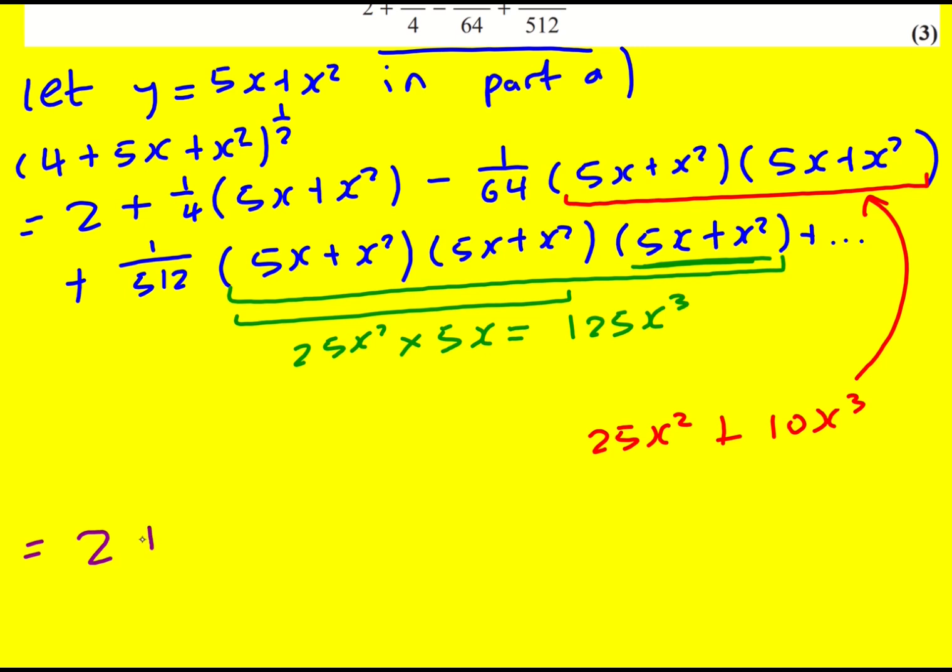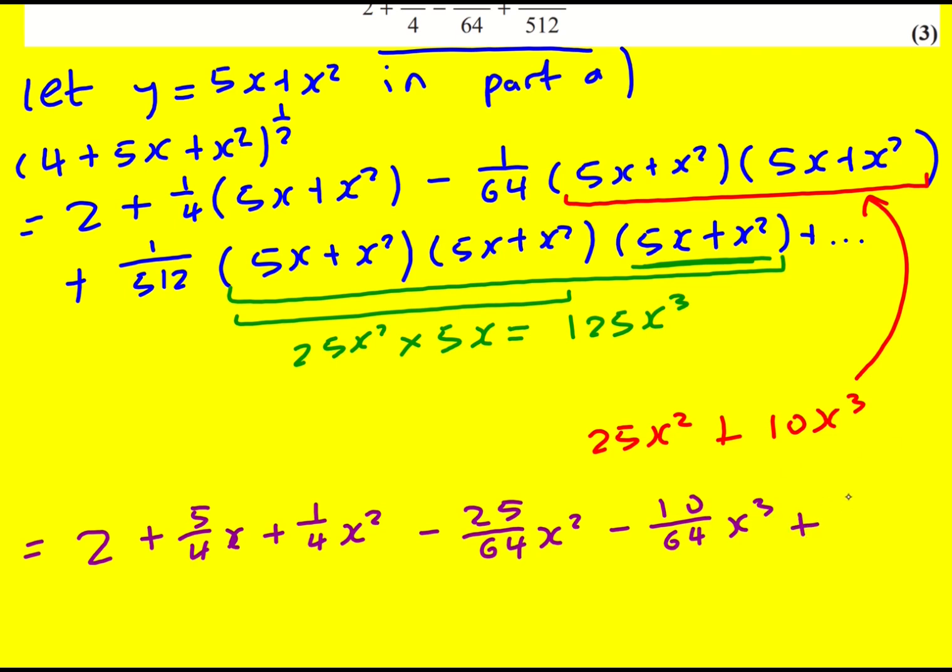So this gives me 2 plus 5 over 4x plus a quarter x squared minus 1 over 64 times each of these, so 25 over 64x squared minus 10 over 64x cubed plus 125 over 512 x cubed.